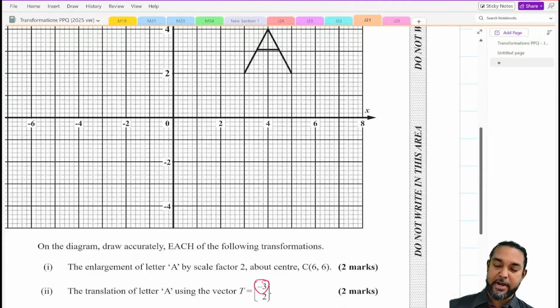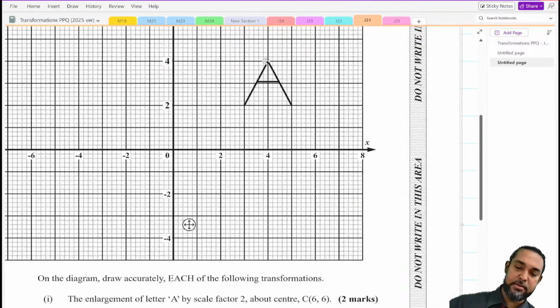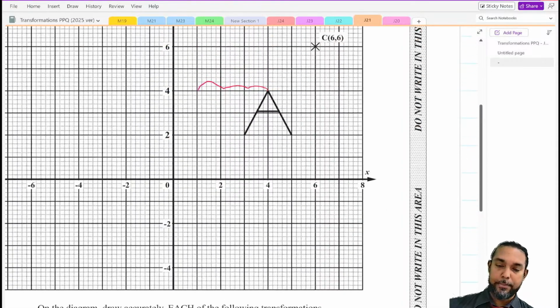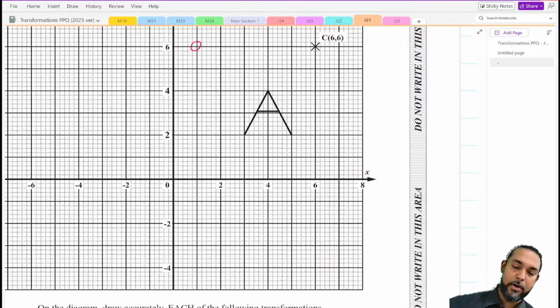The minus 3 here is the horizontal. But if I'm shifting minus 3, which way am I going, left or right? Left. How many spaces? 3: 1, 2, 3. And then the next number is the vertical component. That's 2, but it's a positive. Do I go up or down? Up. So I'm going up 2 spaces: 1, 2. So I'm going to be here. The next one: minus 3, 1, 2, 3, up 2, 1, 2.